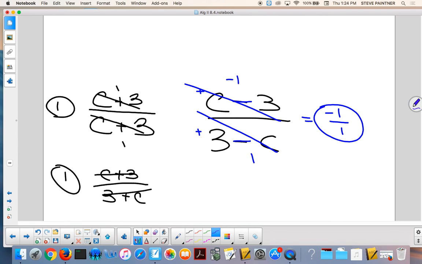That's what I would do. So when you do your assignment, if you see opposites, it's negative 1 over 1, not 1 over 1. Okay? Is that good? So if there's an equation like that, does it always equal negative 1? Yes. I'm just trying to say, when you see opposites, cancel them out. Put negative 1 over 1.